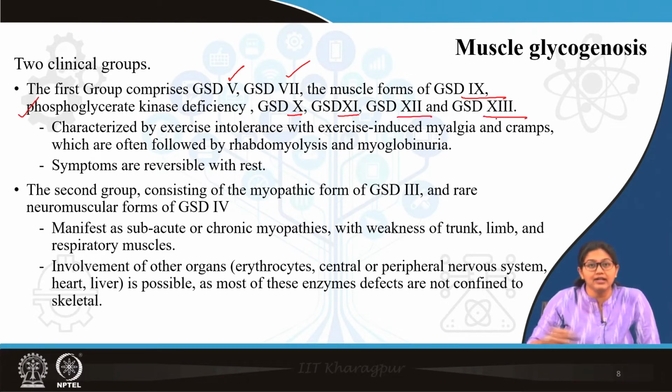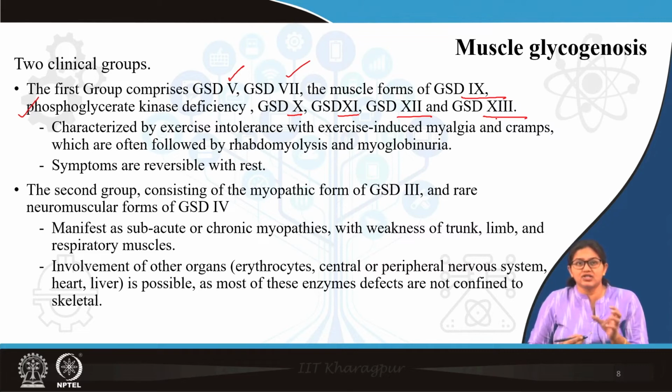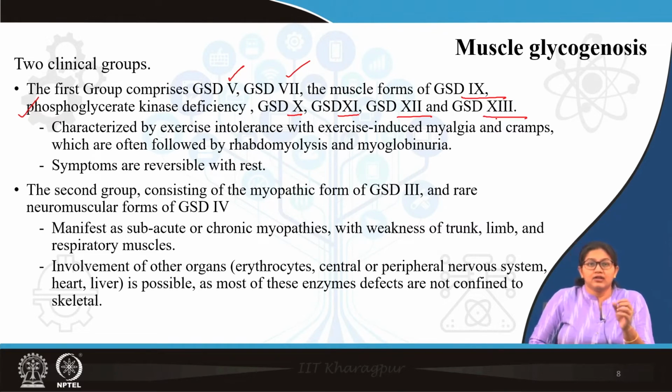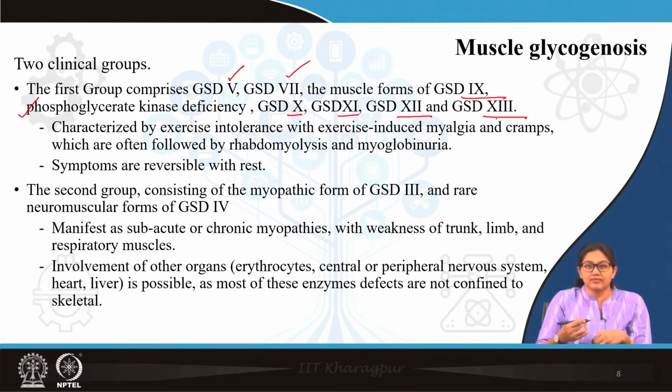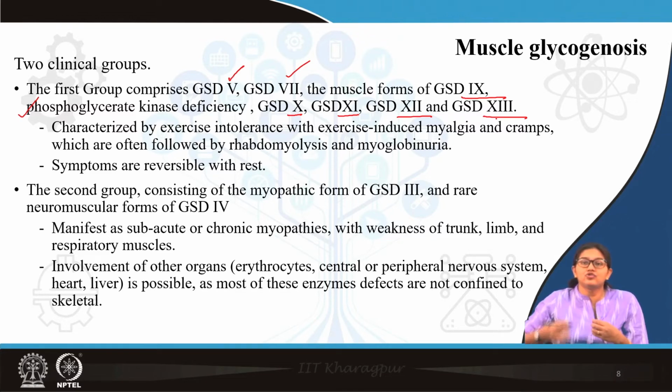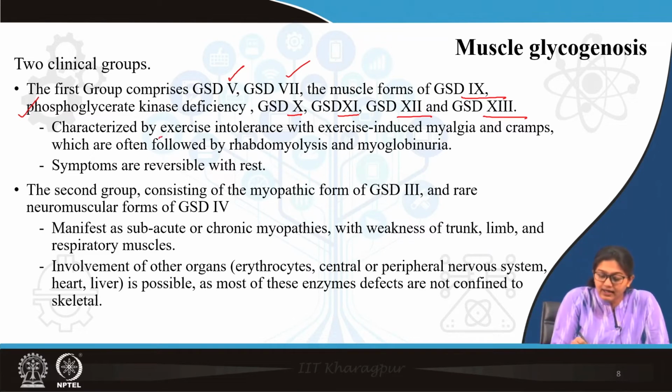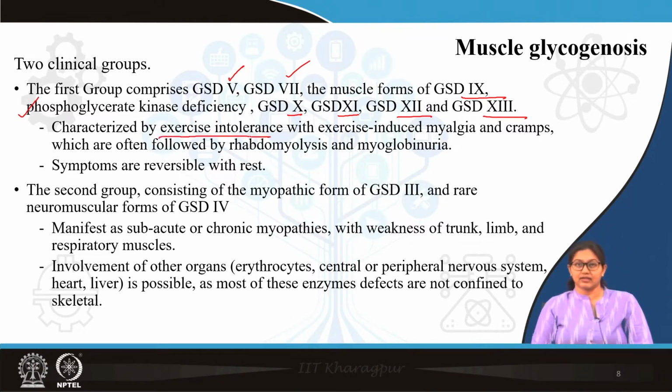There are multiple types of glycogen storage disorder. This first group manifests as exercise intolerance. Basically the person is fine at rest, but while exercising they tire and fatigue easily, which is called exercise intolerance.